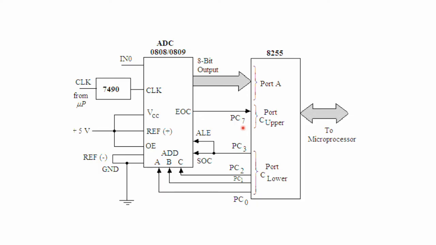Those signals are connected to PC0 to PC7 pins of port C of 8255, as we can individually operate the pins of port C, and analog input 0 is connected in this particular case. Now the clock from the microprocessor can be divided with a counter circuit or counter IC, and we can connect it to the clock of the A to D converter.